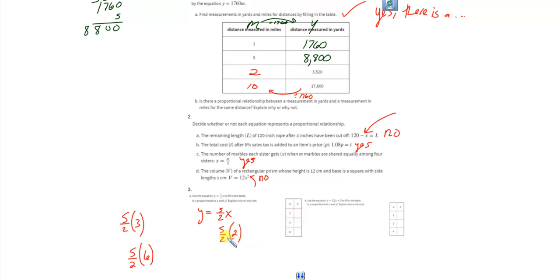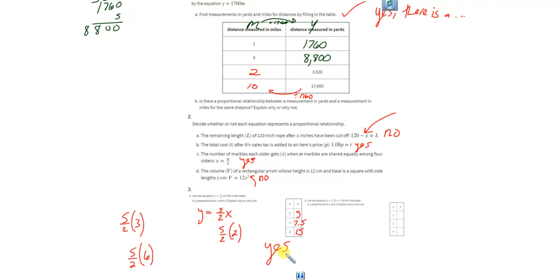So this turns out to be 5 halves times 2 is 5. And then 5 halves times 3 is 15 over 2, or 7.5. And then this one is 30 over 2, which is 15. So we multiply all those out. We fill out the table. And then it says, is it a proportional relationship? And we're going to say yes.